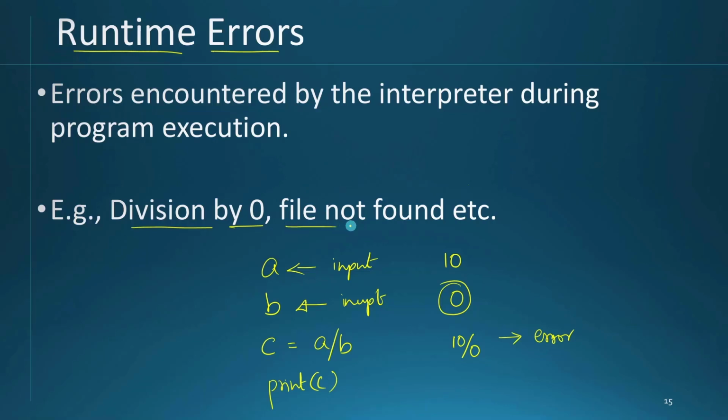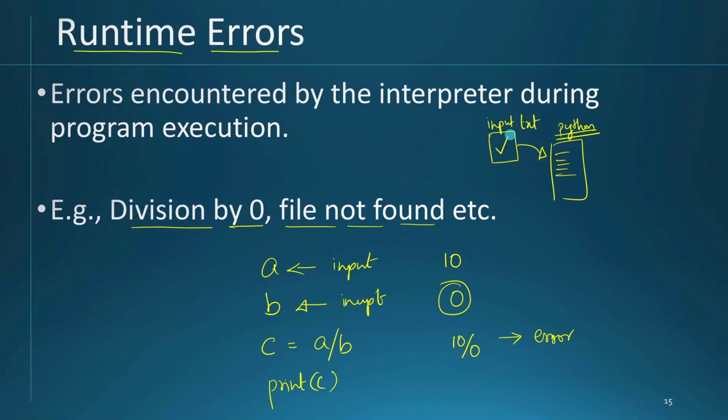Next thing, you see file not found. For example, you write your Python program and this program requires an input file to function. So for example, this file should be provided to your Python program, then the program can finish its job. This file, you call it input.txt. Now when you run this program inside your computer, your Python program will work perfectly because you have this input.txt inside your computer.